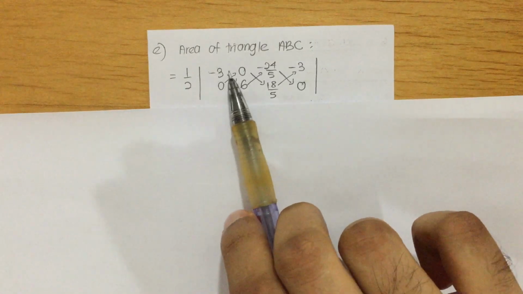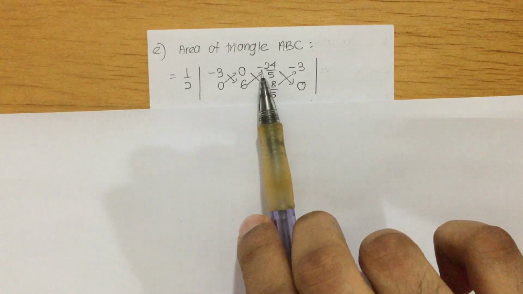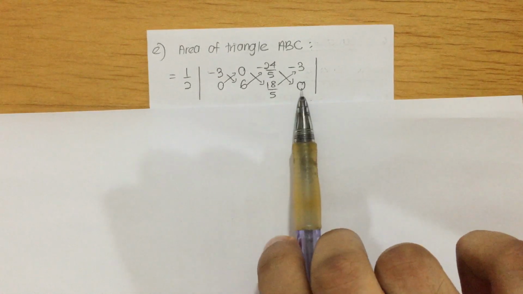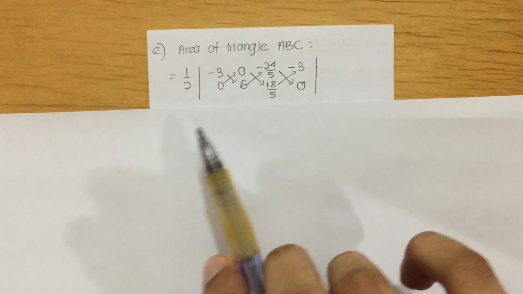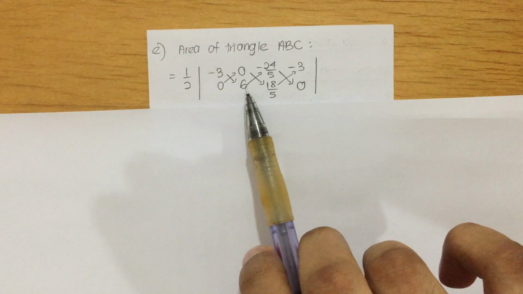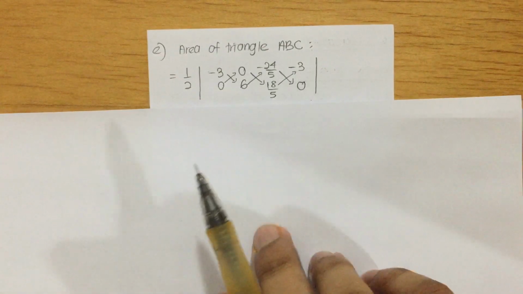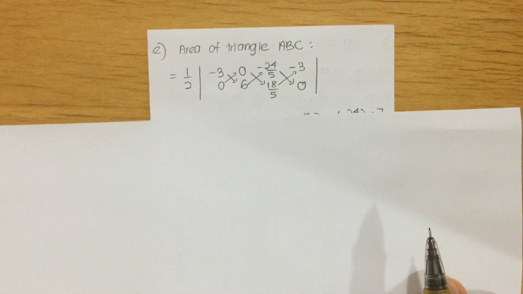So we're going to times in negative 3 times 6 plus 0 times 18 over 5 plus negative 24 over 5 times 0, and then we're going to group them minus with the up arrow, guys. 0 times 0 plus 6 times negative 24 over 5 plus 18 over 5 times negative 3. So this is the working.